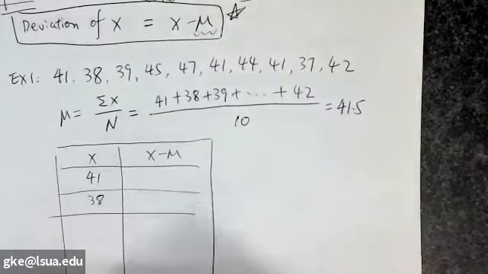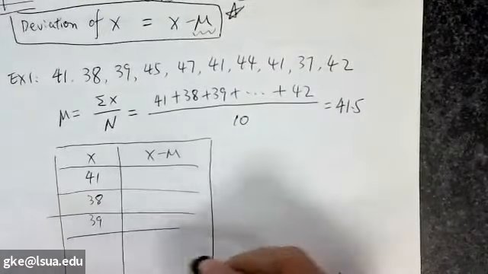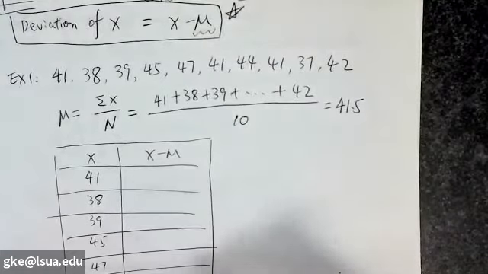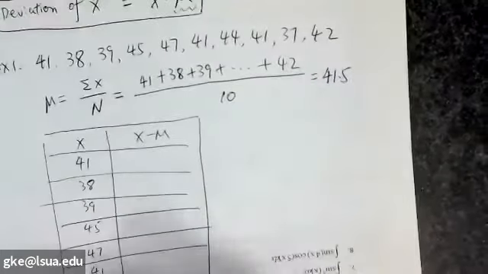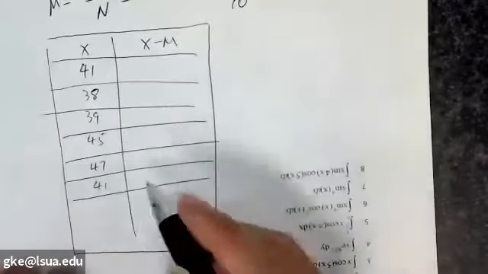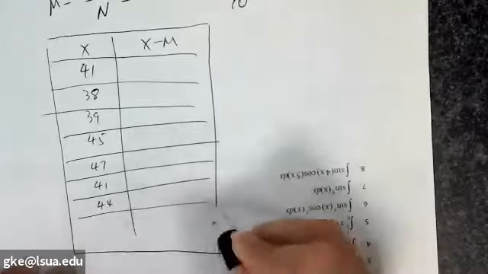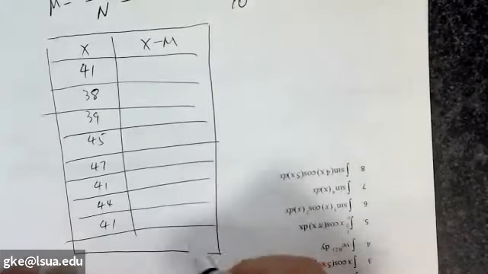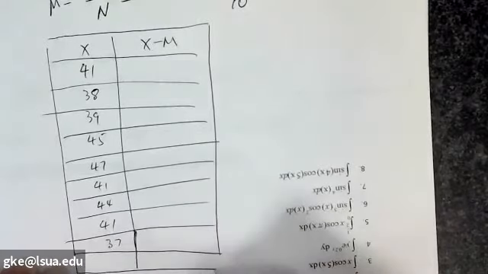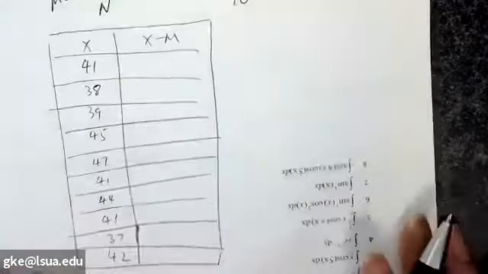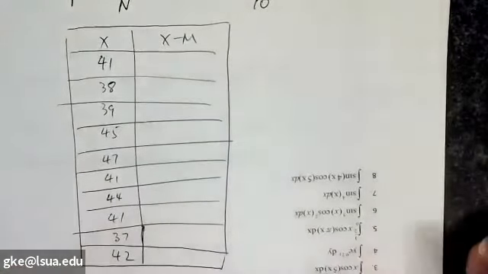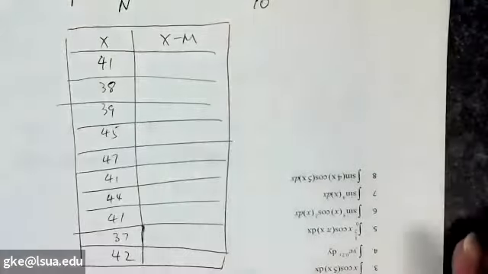The second one is 38, 39, 45, 47, 41, 44, 41, 37, 42. Okay, so we have 10 entries.